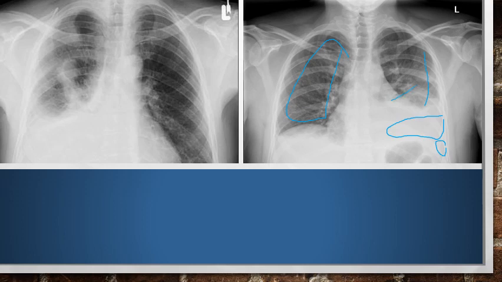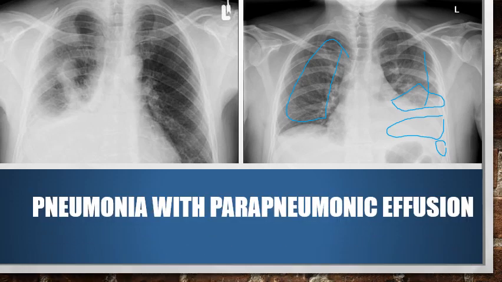There is another overlying heterogeneous opacity. So we have homogeneous opacity, so it's pleural effusion, and there is overlying heterogeneous opacity. We said homogeneous opacity with obliteration of the costophrenic angle equals pleural effusion, and heterogeneous opacity in the lung fields equals pneumonia. So we are dealing with a patient complaining of pneumonia with complicated parapneumonic effusion, like this.